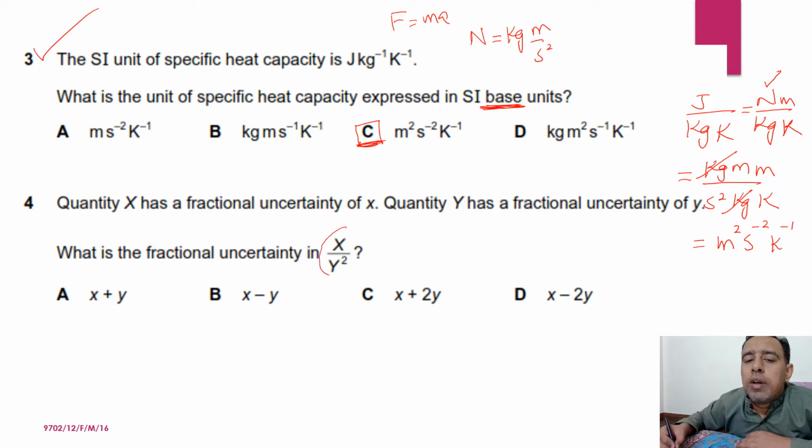These two values are going to divide with each other, and you know that the fractional uncertainty is the absolute uncertainty divided by the actual value.